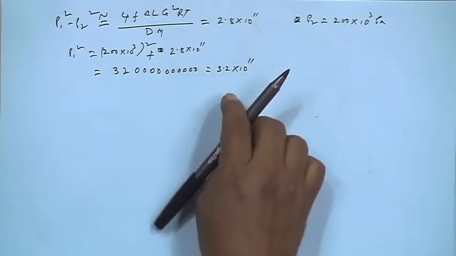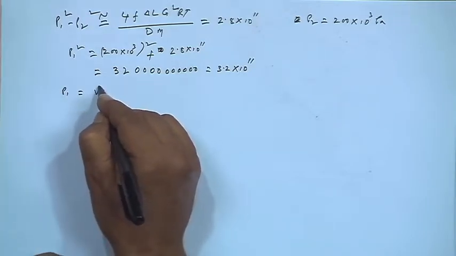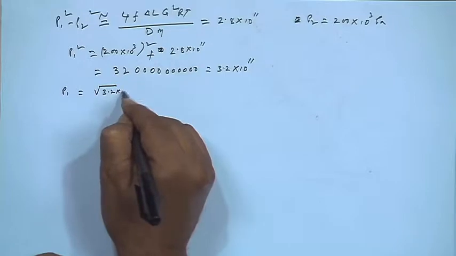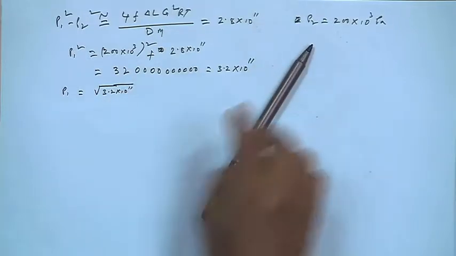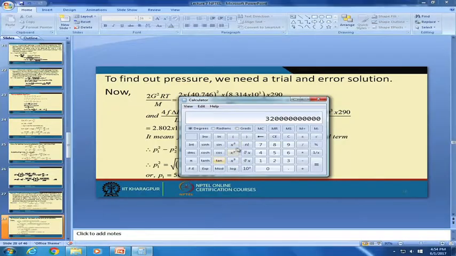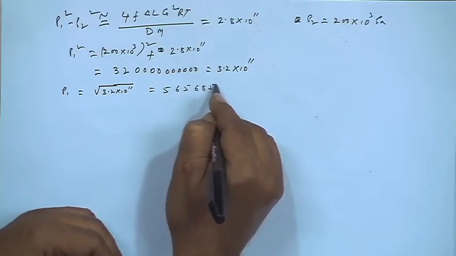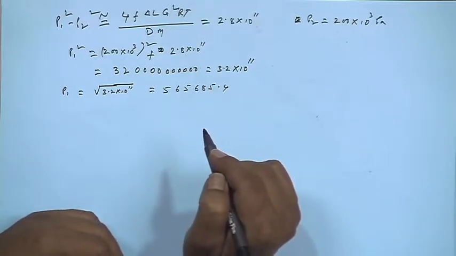So therefore we can write that P1 is equal to the square root of 3.2 times 10 to the power 11, and that comes to 565,685.4.